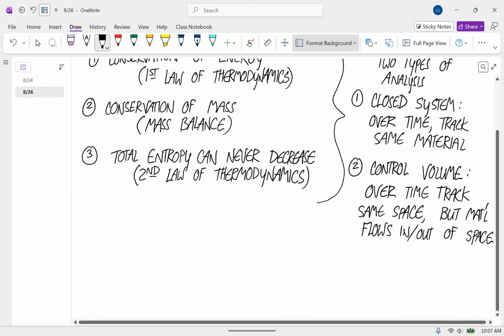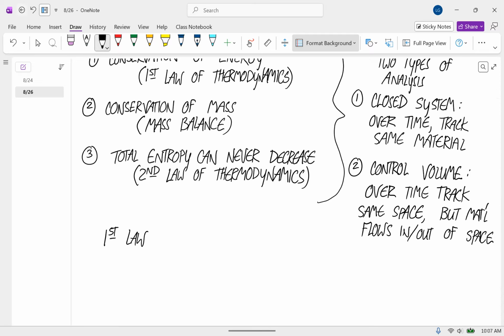I want to say a little bit about the first law right now. I'll come back to it again in a week or something, and we'll get into it in detail. But this is going to be the most important equation in this class.